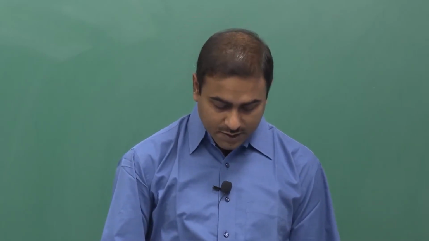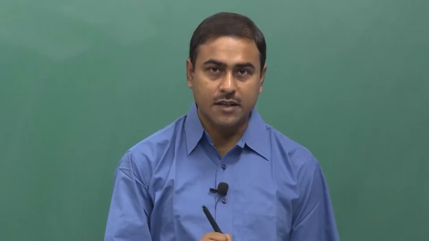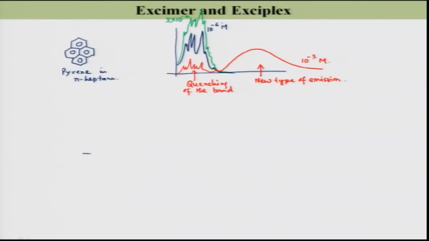To explain this, let me take the ground state and the excited state of this pyrene molecule. So, let us say this is the HOMO and LUMO of this pyrene monomer, one pyrene molecule, and in the ground state both the electrons are in the lower orbital. And you have another pyrene, which is also in the ground state, with both electrons occupied in the lower orbital.